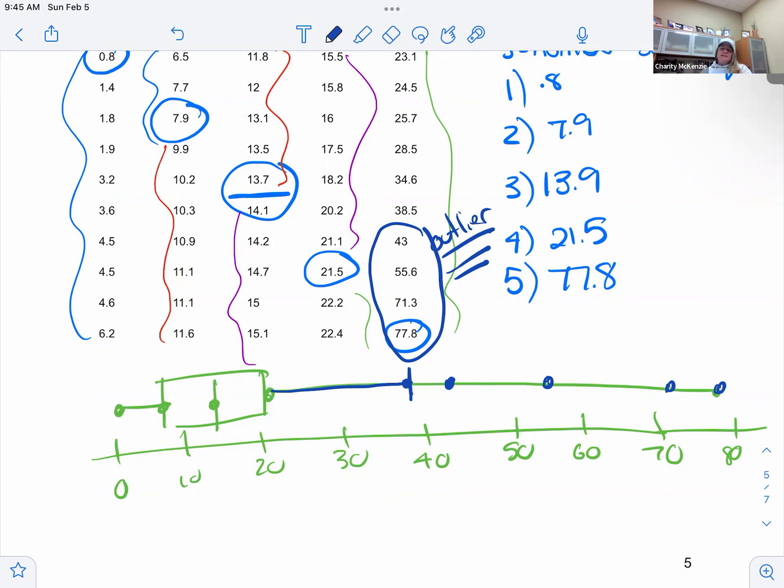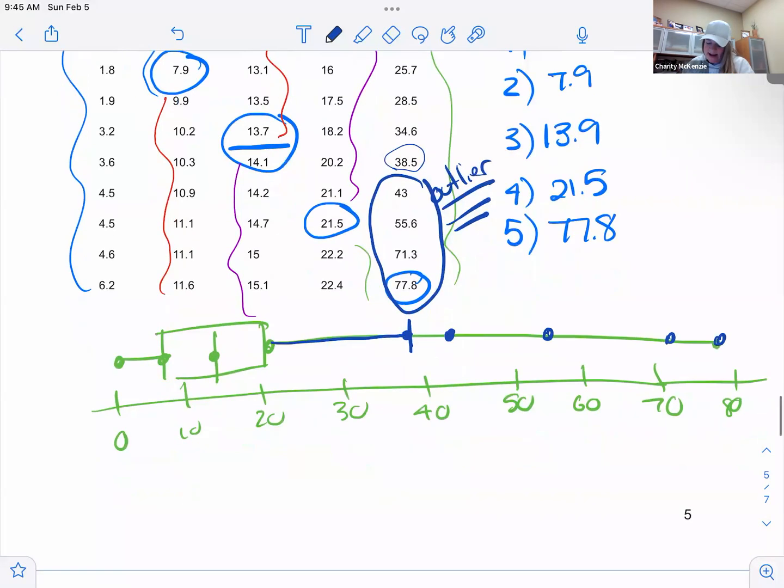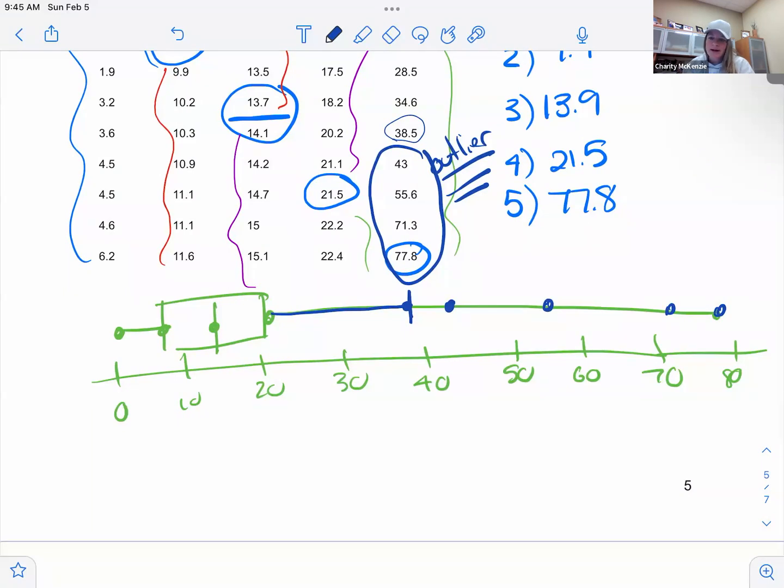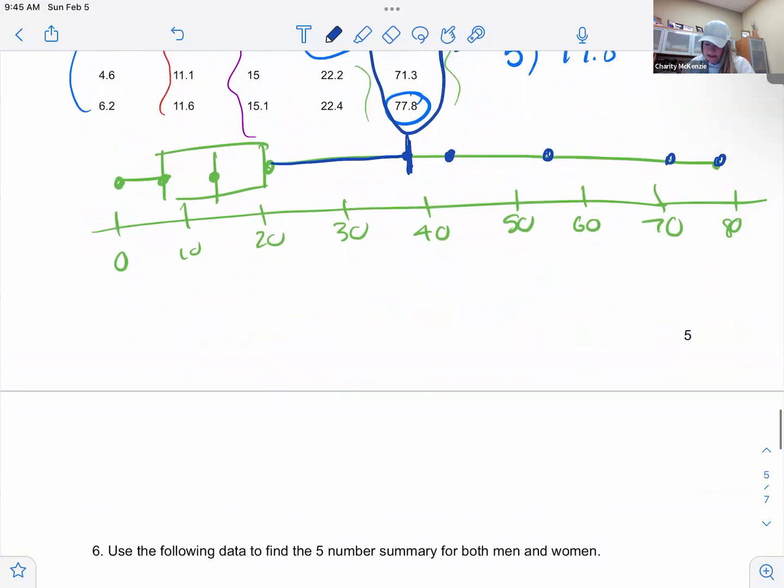I don't remember how it does that value. It's probably to the 38.5 is where it goes. Okay, it has to be. And it goes to this number here instead. So that's the modified box plot, what I covered in the blue there. We end here if it's modified instead of going all the way out to the end.